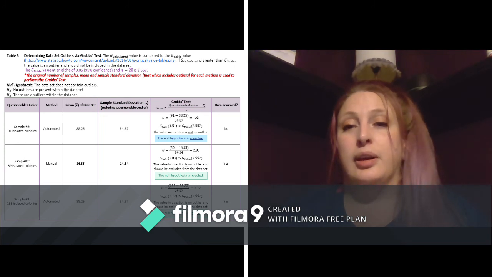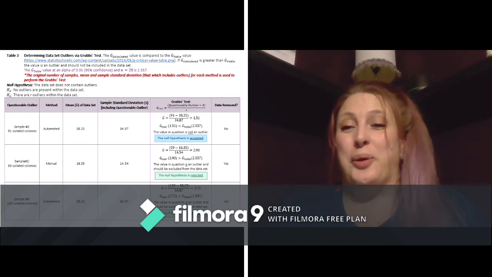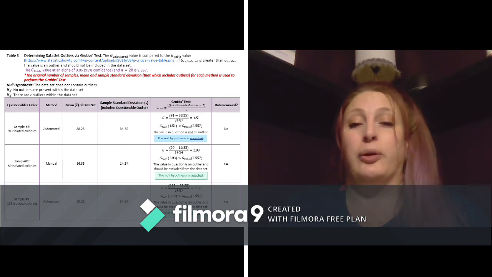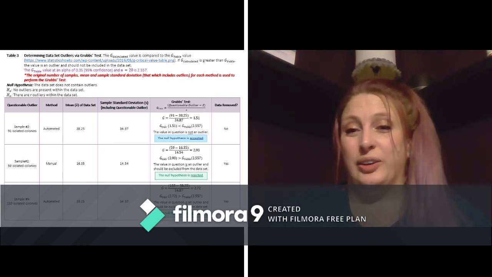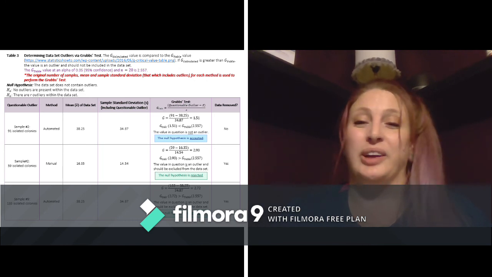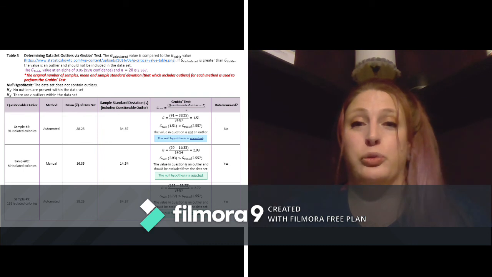The automated was actually not an outlier, while the sample number 2 manual count was an outlier, so I completely removed the sample altogether. And my sample number 9, with an outstanding 133 isolated colonies counted, was most definitely an outlier from my automated method, so that sample was removed as well.